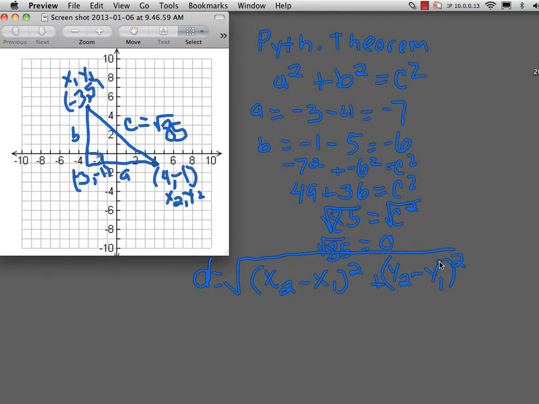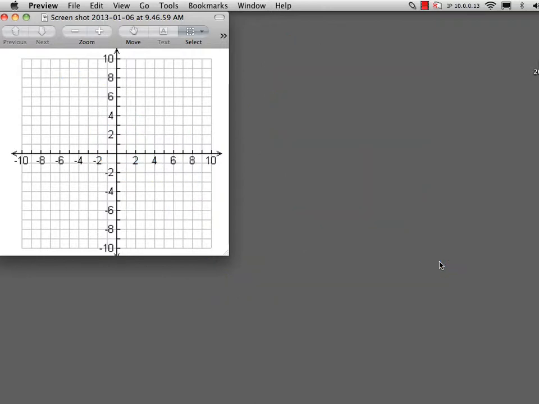Okay, let's look at an example. Let's say we had 2 points: a point at 0, 0, and another point at 8 and 15.